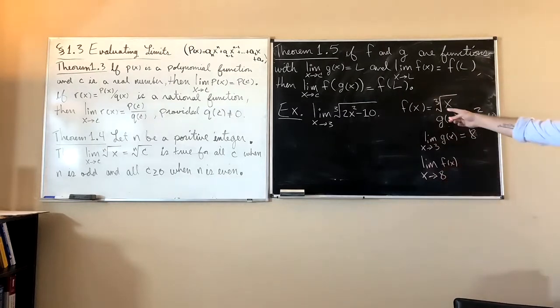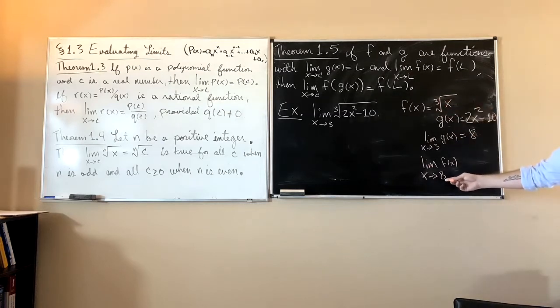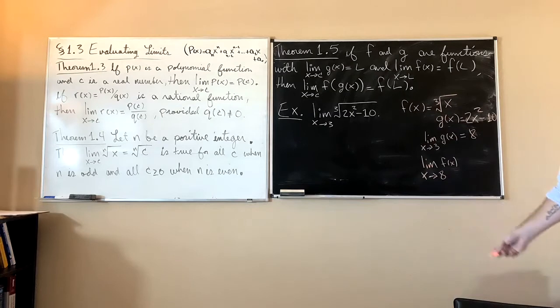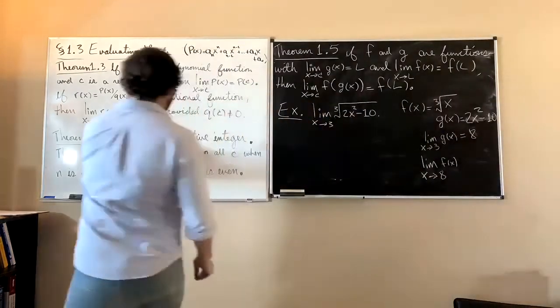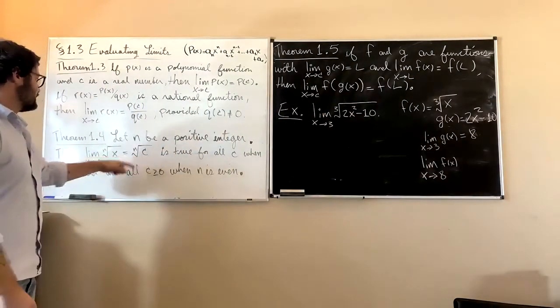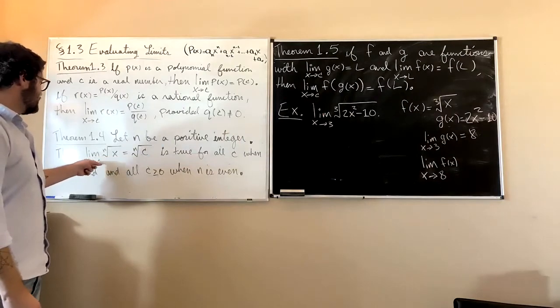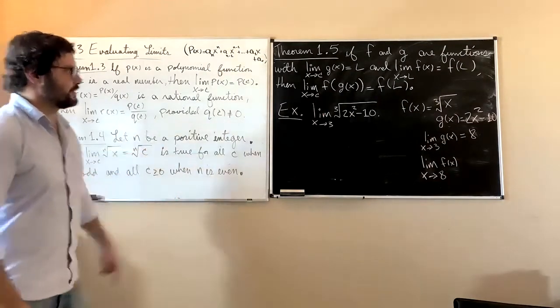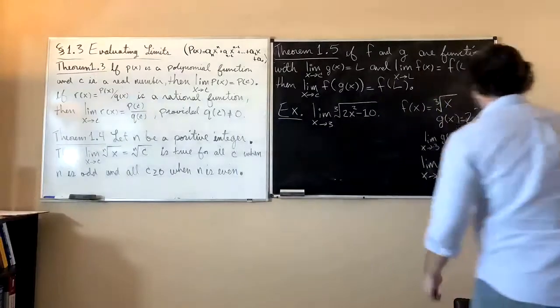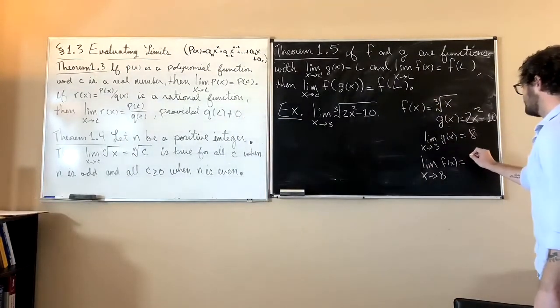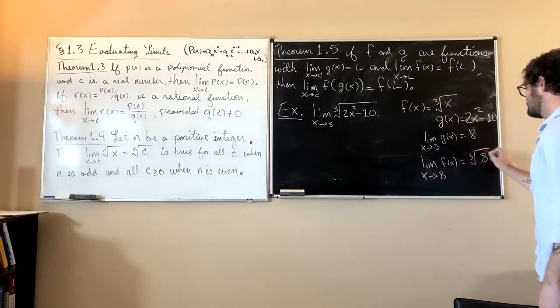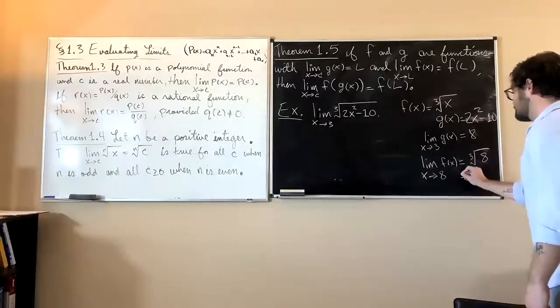Well, f is just the cube root of x, so our c is 8. It's positive, so we can just say the limit is the nth root of that, the cube root of 8, which is 2.